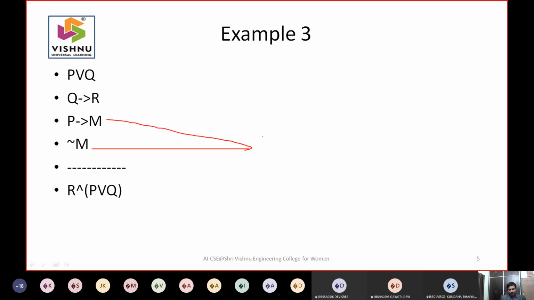What will happen here is the negation of p or m will be there, and you have already negation of m here. So what you get from here is a negation of p.